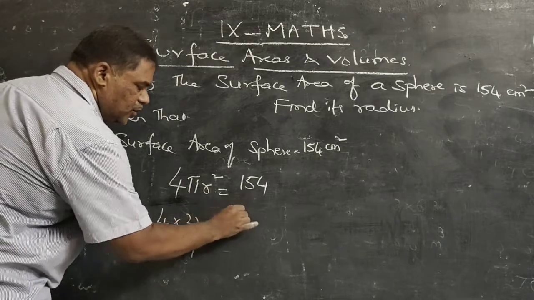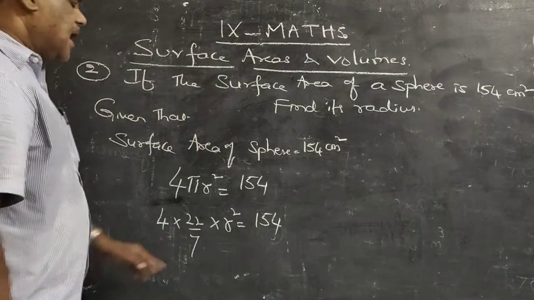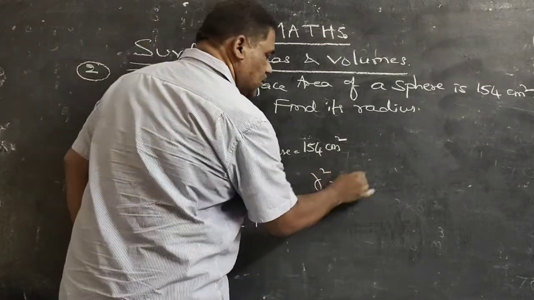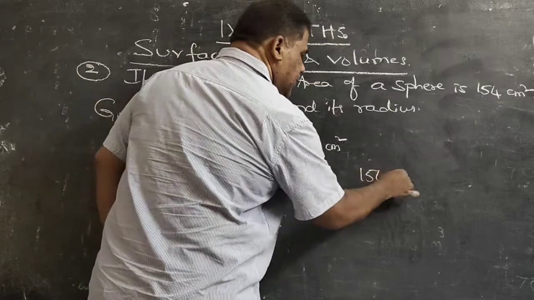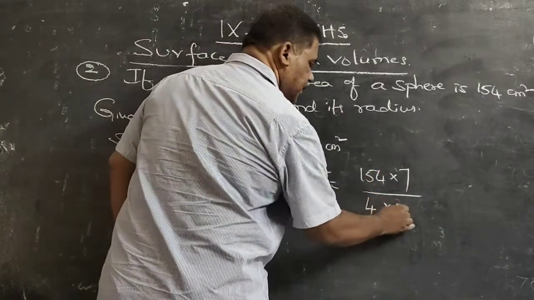R value we don't know, we have to find. Make R as the subject, remaining numbers to take that side. R square is equal to 154 into 7 by 4 into 22.